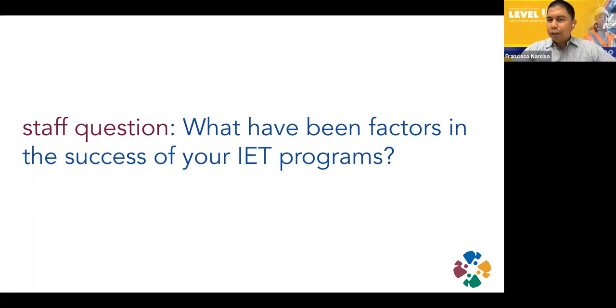Thank you, Jenny. You mentioned it before, and I want to reiterate it because it's so important. It's the partnership, and Paige identified resources also. And these resources sometimes are linked with a partnership. So a factor in our success with our IET program is to find partnerships that can add to our resources. As a division and as a district, we have resources, but together with partners, we have more resources.